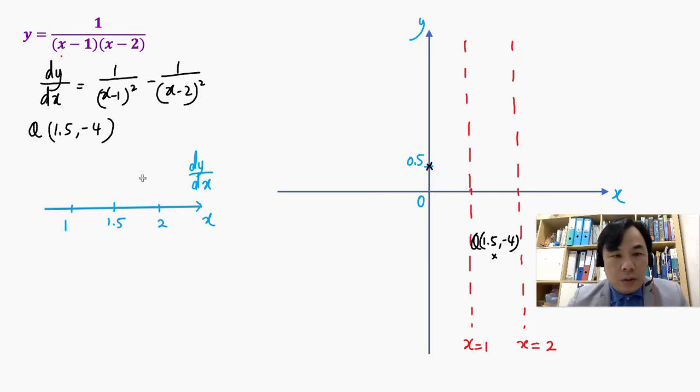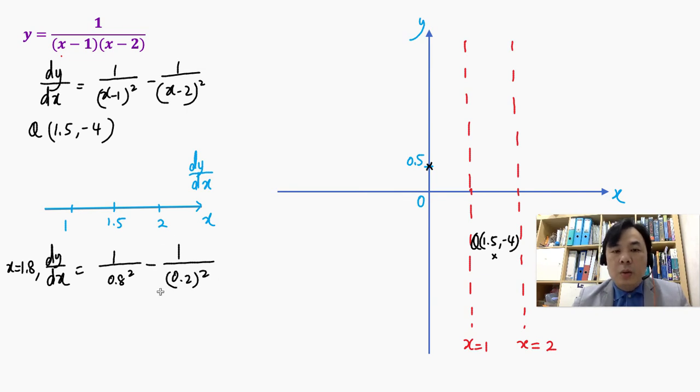Take for instance 1.8. If I put in x equal to 1.8, my dy dx will be 1 over 1.8 minus 1, so 0.8 square, minus 1.8 minus 2, so that will be 0.2 square. Now you will notice that this number definitely is larger than this number here, so therefore it must be a negative. All right. And then I can also check this number here, for instance, like 1.2.